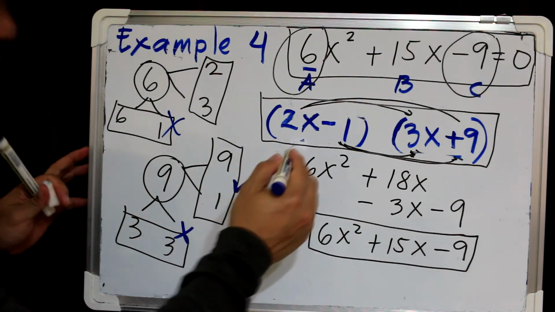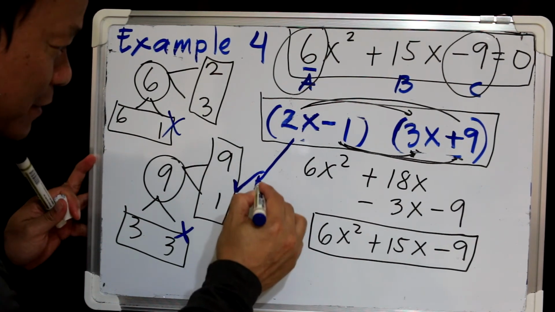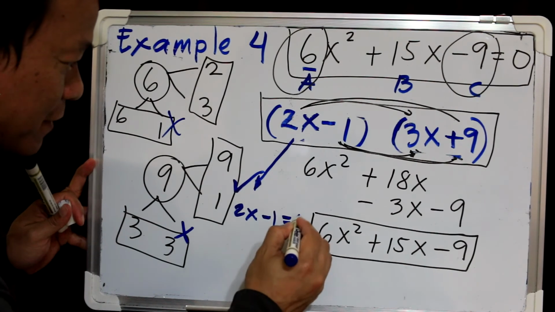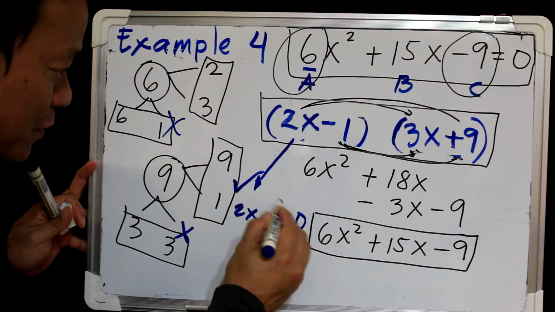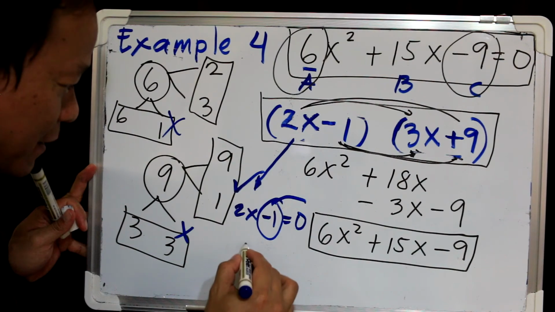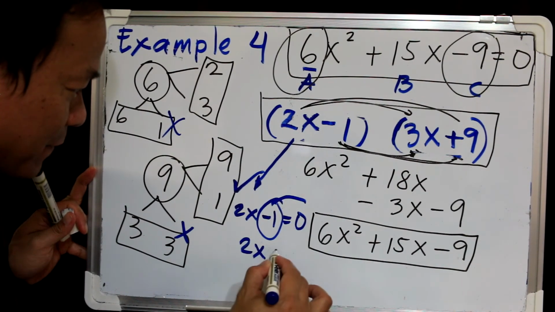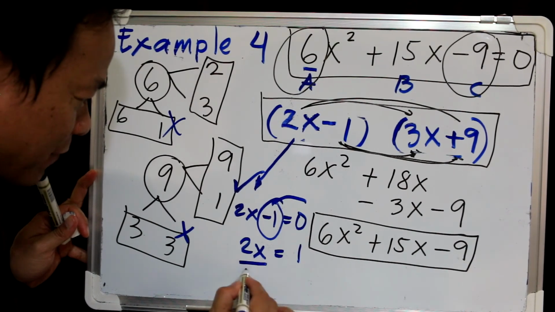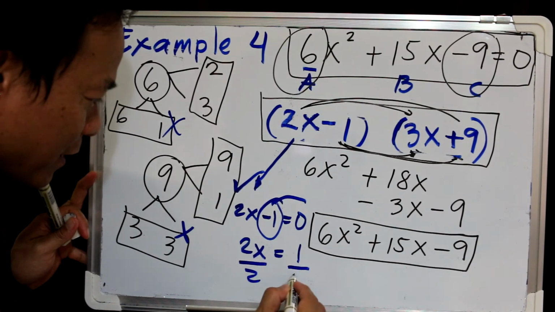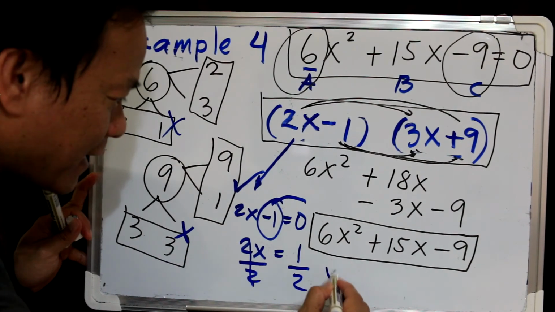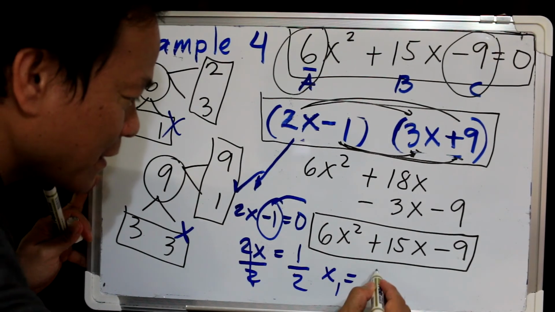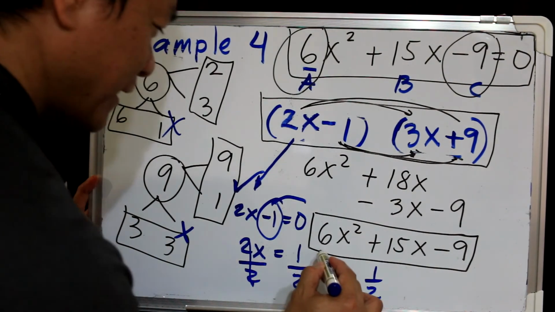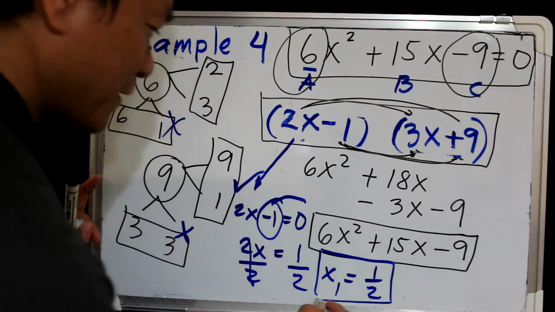Alright, so this becomes 2x minus 1 equals 0. So you transfer this to the other side, that becomes 2x equals positive 1. So that's plus 1. Divided by 2. Divided by 2. That means x sub 1 equals 1 half. Positive 1 half. Right, so this is your first x.